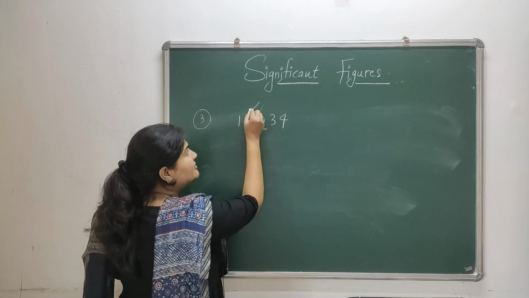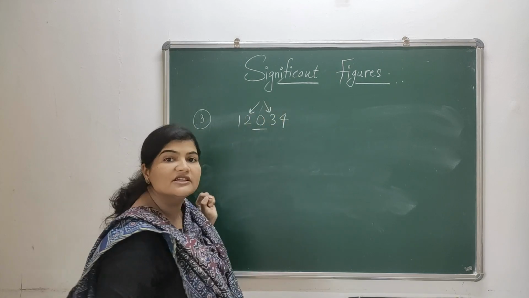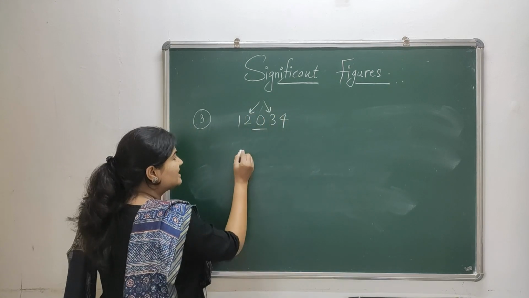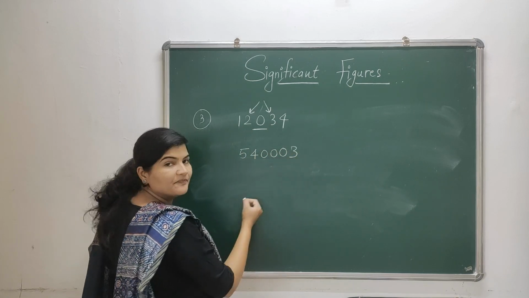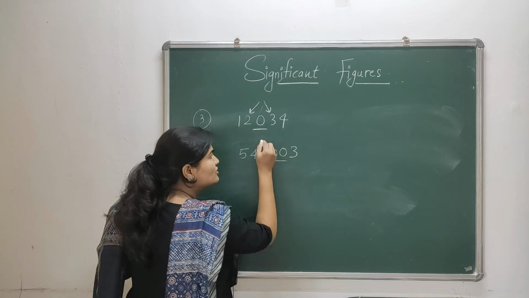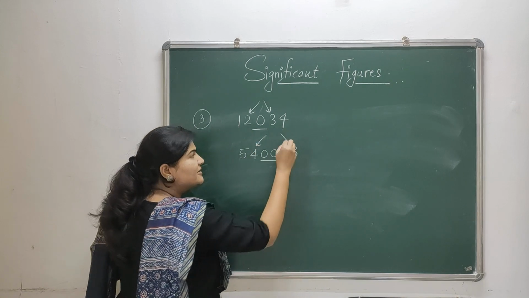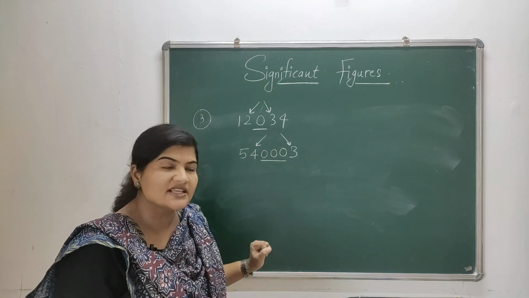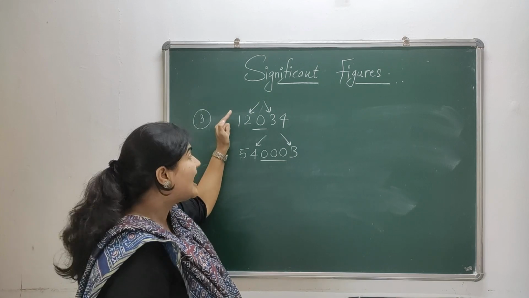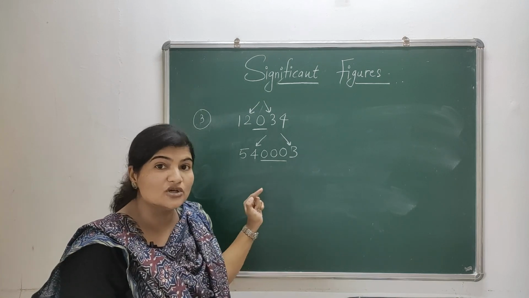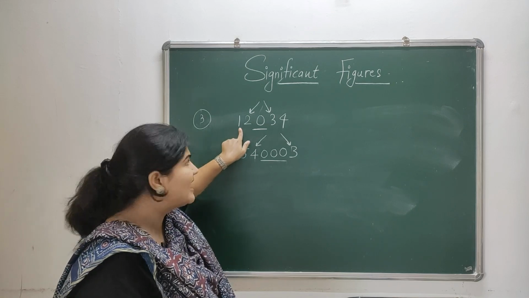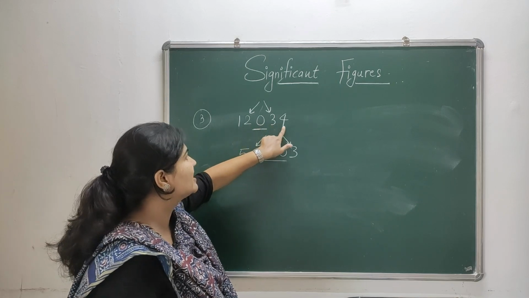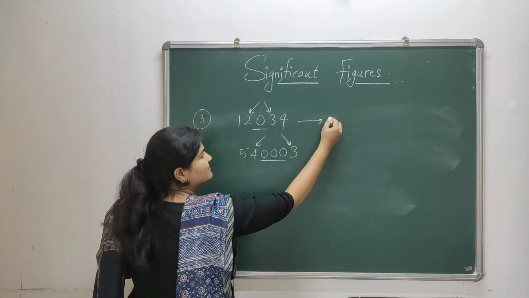It is located between two non-zero digits. Let me give you another example: 5, 4, 0, 0, 0, 3. Here there are 3 zeros which are located in between two non-zero digits. In such cases, we have to count the zeros as significant figures. So how many significant figures will this number have? 1, 2, 3, 4 and 5. So 5 significant figures.